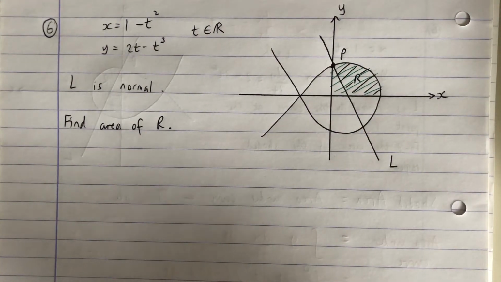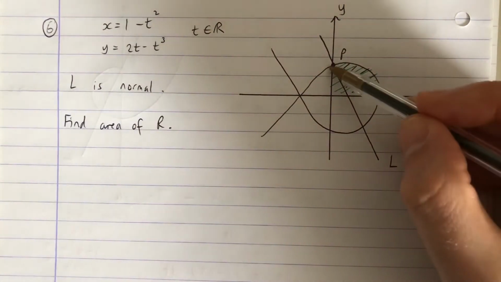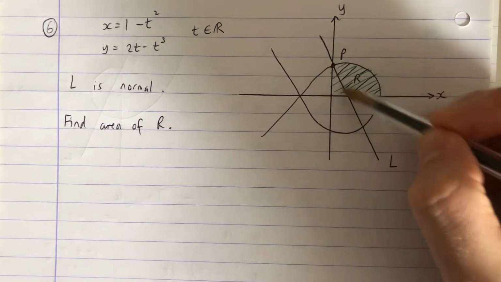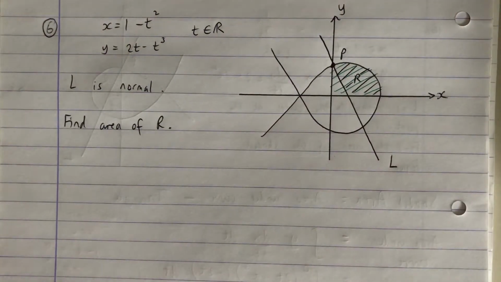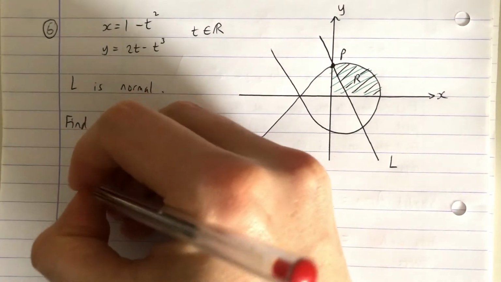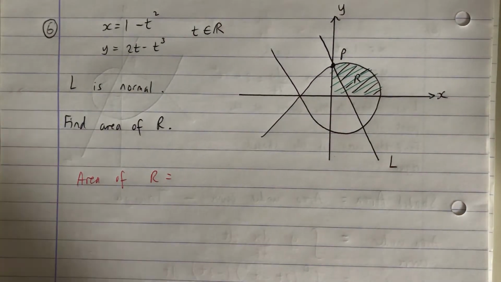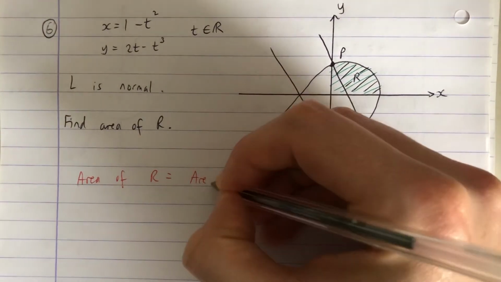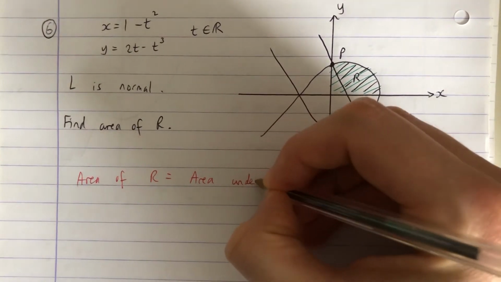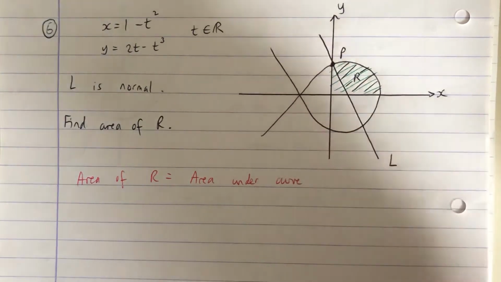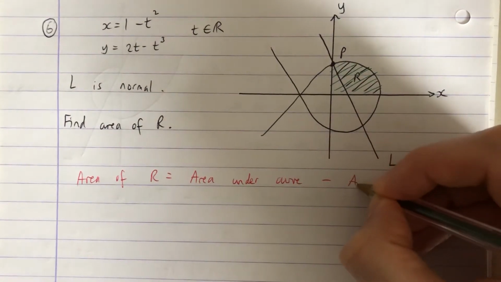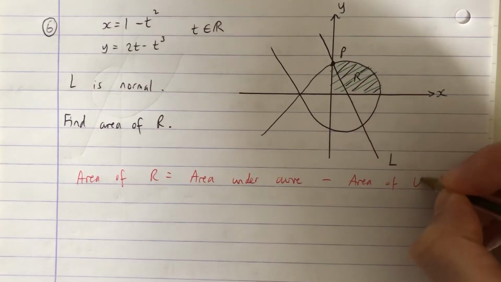So we could use integration to work out the area of the entire thing, and then we'd have to subtract that triangular object there. So in other words, area of R is equal to area under curve subtract area of the triangle.